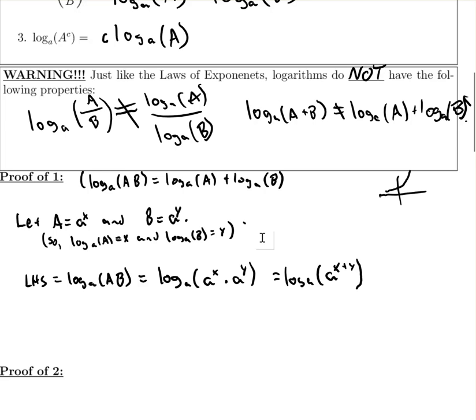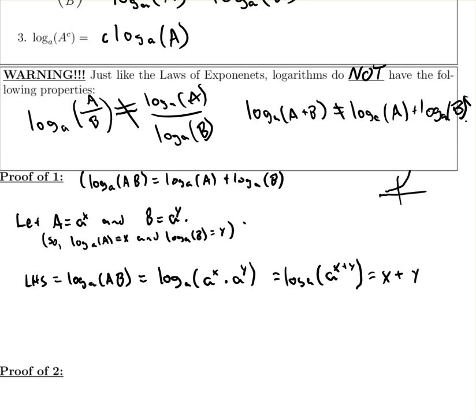So it becomes log base a of a to the x plus y. But we can now apply one of our nice simple properties for logarithms here, because it's a base a logarithm and an a to some power inside. So this is just x plus y.